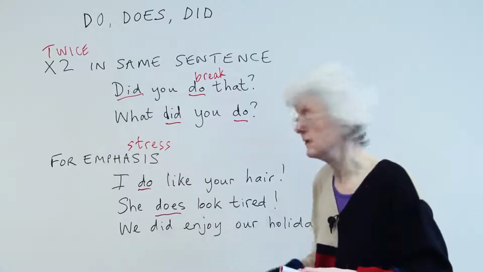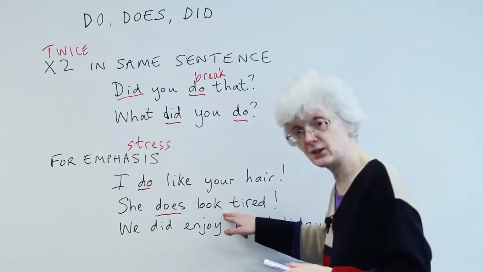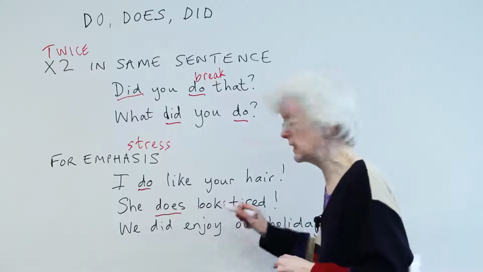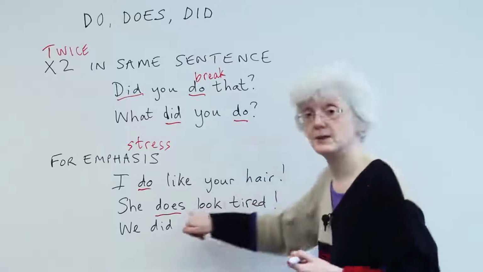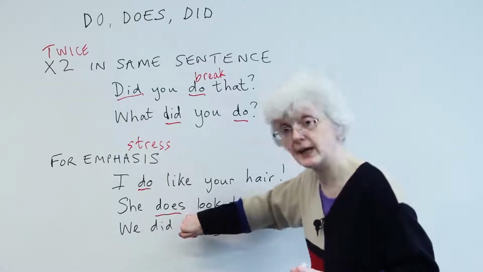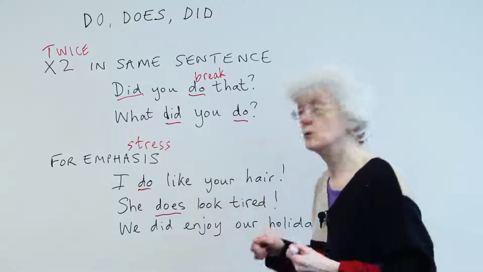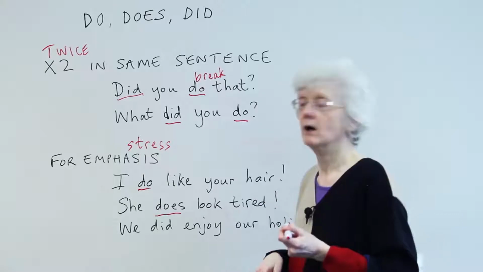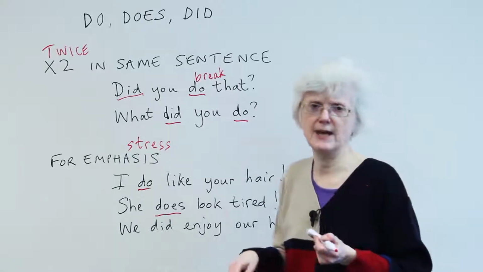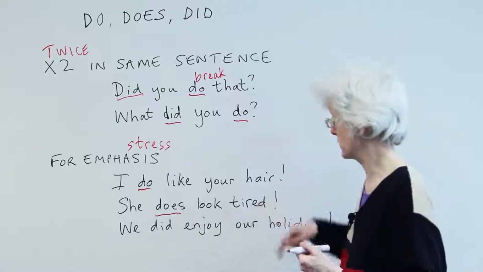She does look tired. You can say she looks tired, and of course that puts an S on. She looks tired. But when you're using does, the S is there, so you don't need it again here. So she looks tired. Oh, she looks tired today. But, she does look tired today. Oh, it just gives more emphasis. Okay, she does look tired.